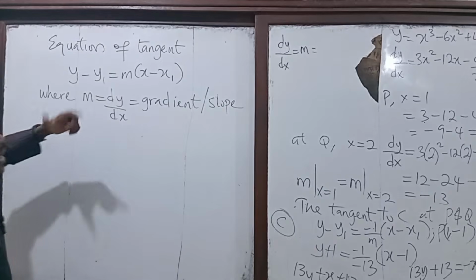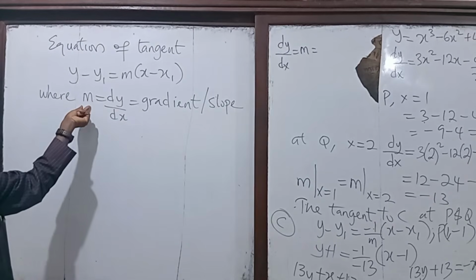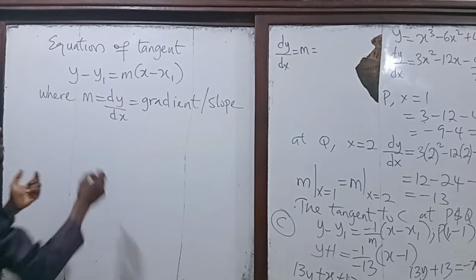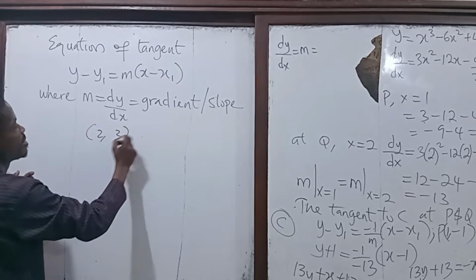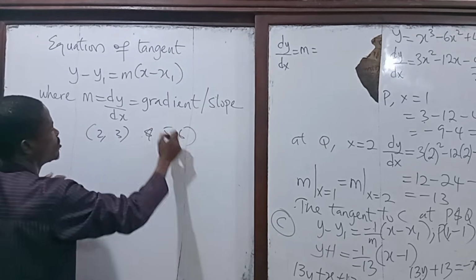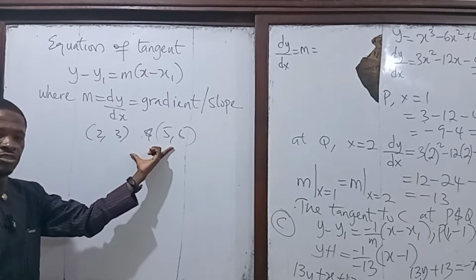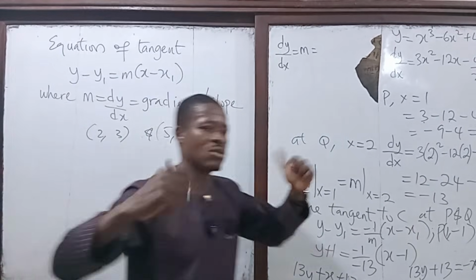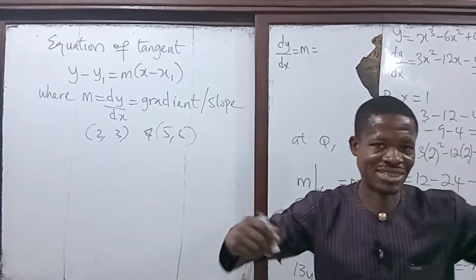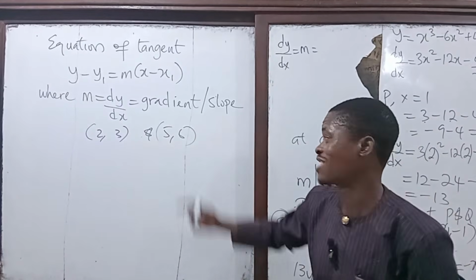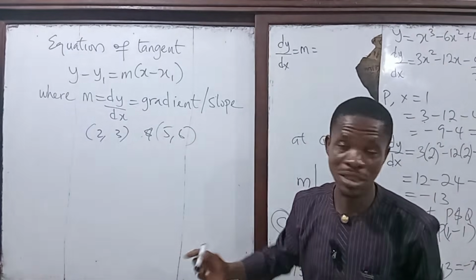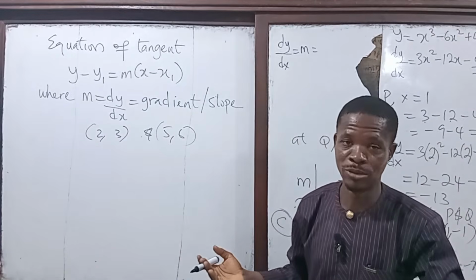Okay, for geometry you can also get your m if you have 2 points, maybe you have 2,3 and 5,6. But this one we are using calculus to get the gradient. We are not using 2 points, we are not using geometry.